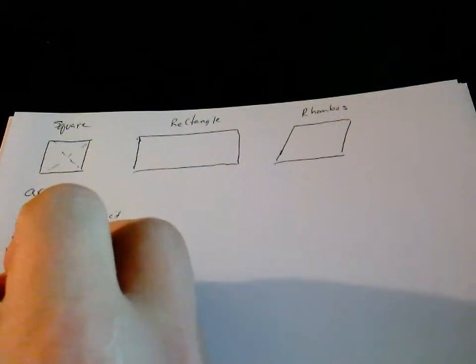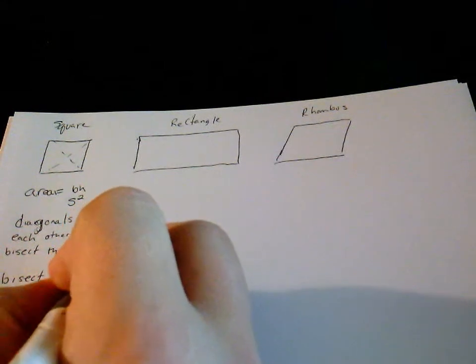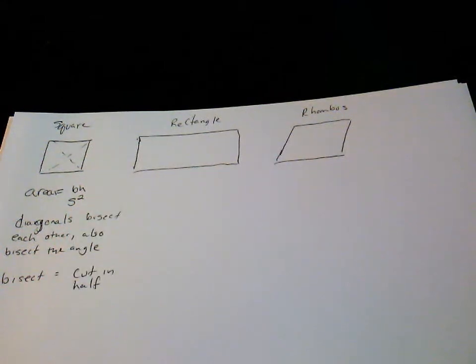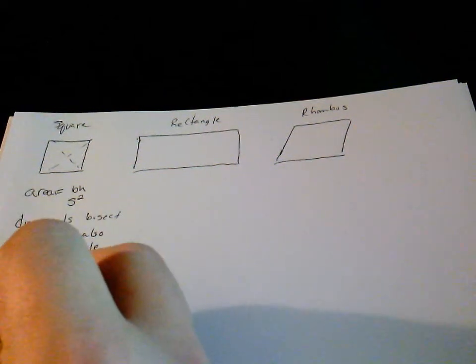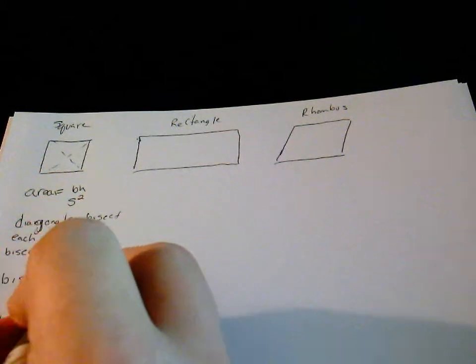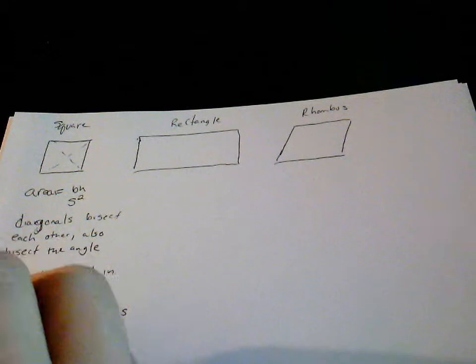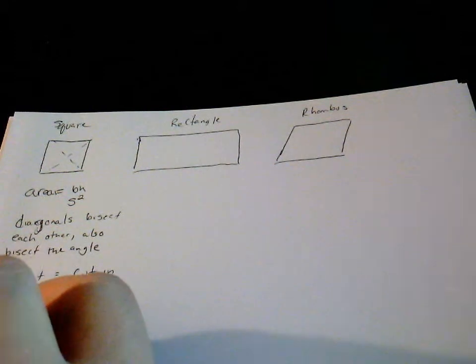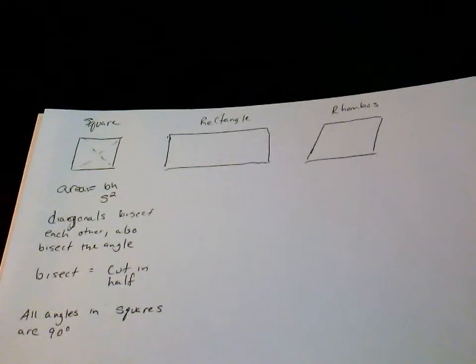Bisect equals cut in half. And all angles in squares are 90 degrees. Okay.